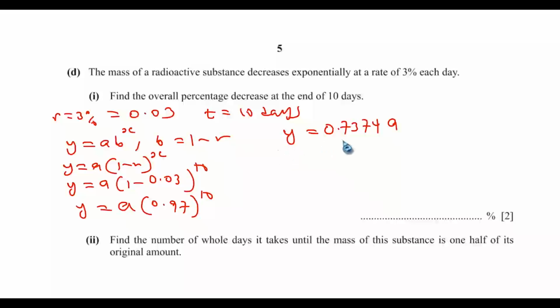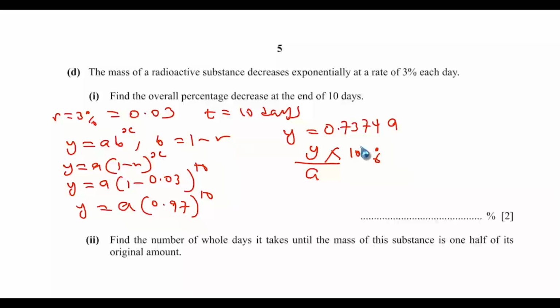Now we need to find the overall percentage. This is the new value, and the old value is a, the initial value, which is bigger than this. So to get the percentage, we take the new value, which is the smaller one, over the initial value, which is the bigger one, then multiply by 100%.